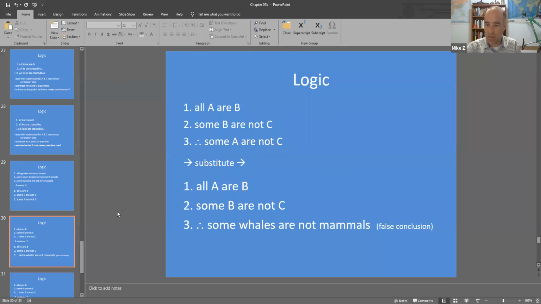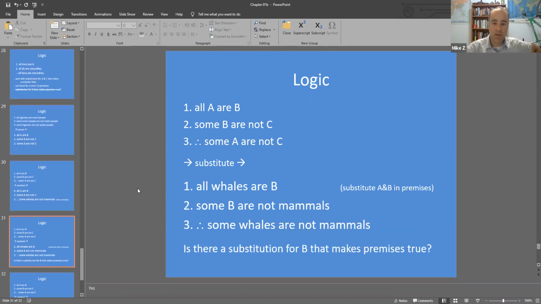We know that all whales are mammals. So it's false to say that some whales are not mammals. So we're off on the right track here. Now we take whales for A and mammals for C and substitute those in the first two premises where appropriate. And we get this. All whales are B, some B are not mammals, so some whales are not mammals.